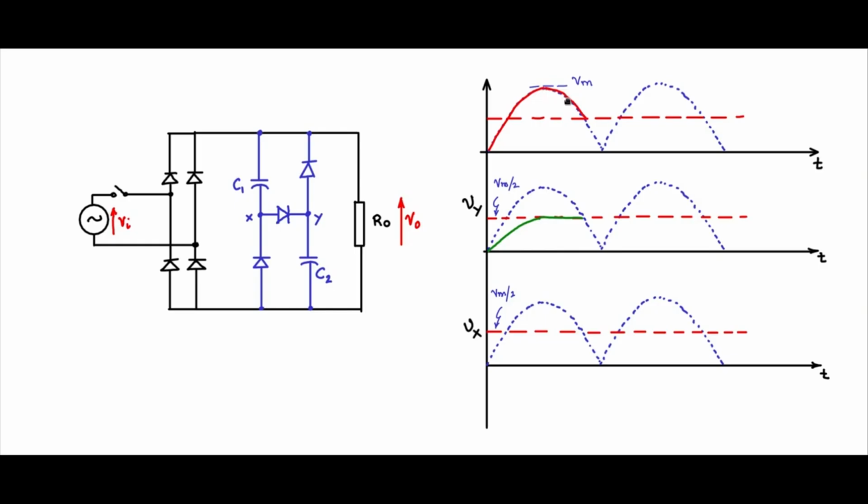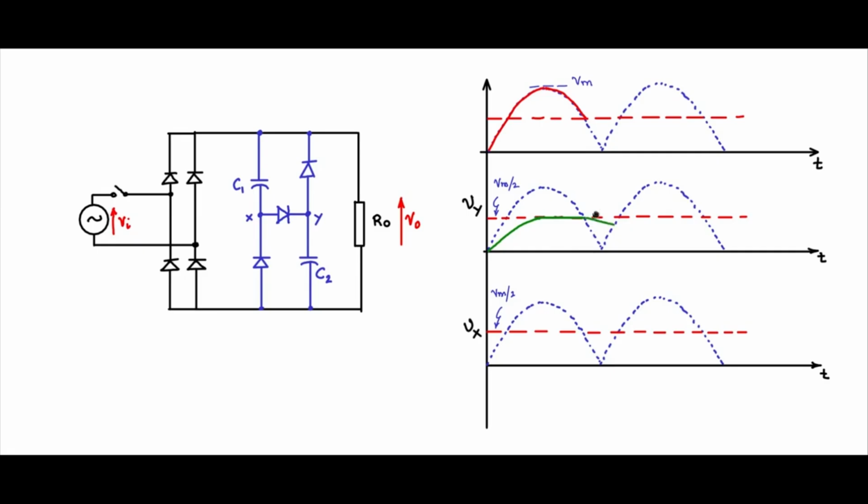So till it reaches this point, the output will track the input, and till that time voltage across the capacitor and voltage across C2 both will be fixed constant. Because there is no discharge path for the capacitances. The load is serviced directly by the input during this time.